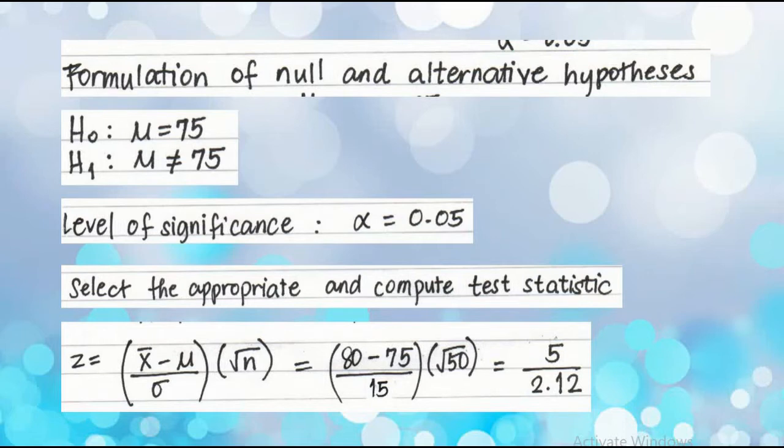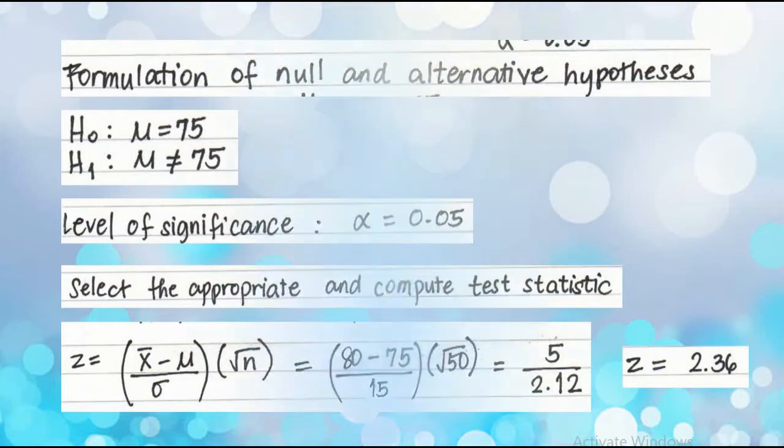So Z is x bar minus mu over sigma divided by square root of n, which is equal to 80 minus 75 over 15 divided by square root of 50, which is equal to 5 over 2.12. So Z is equal to 2.36. Establish the critical region or regions.